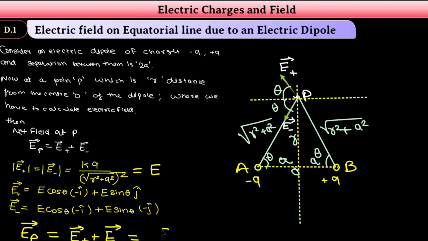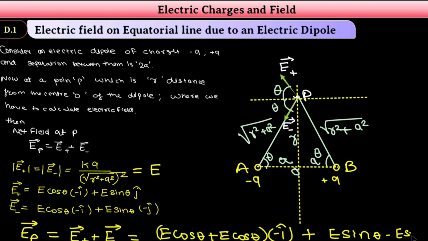So E cos theta plus E cos theta minus i cap, plus E sin theta minus E sin theta j cap.